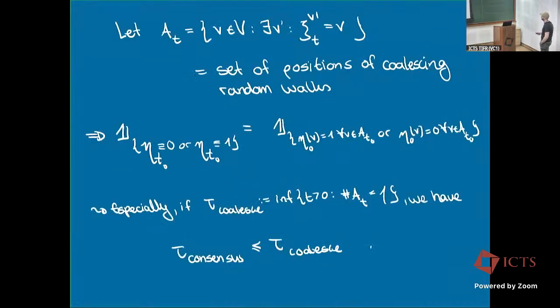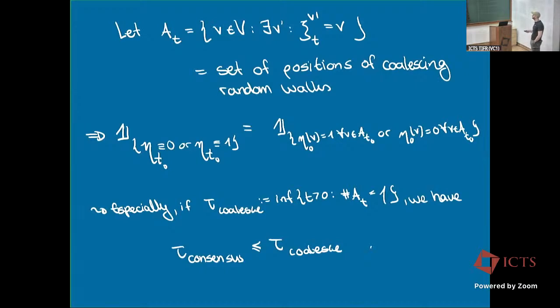And then if we let A_t be the set of all v such that there exists a walker at that position, so the set of all positions, then you can see that consensus on the whole system at time t0 is essentially just consensus on the initial configuration for all the positions that are still alive at t0.